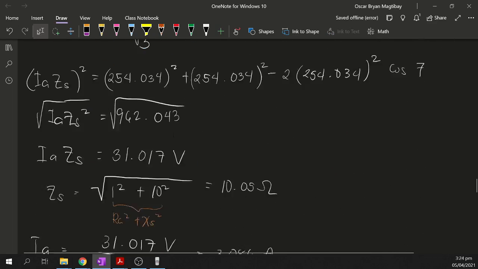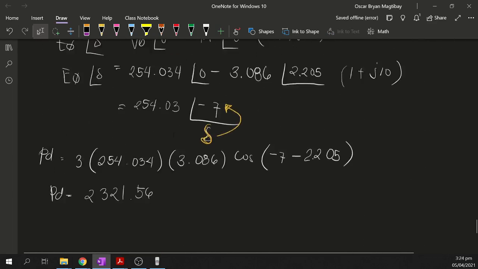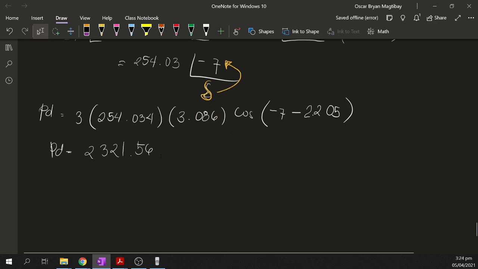Tama din na mababa talaga yung magiging output or power developed natin since we run the synchronous motor at no load condition. Ibig sabihin, pag no load condition, the mechanical power output is almost very, very minimal and close to zero.